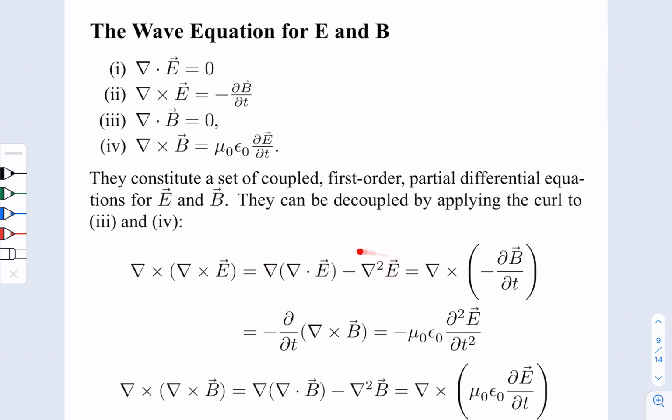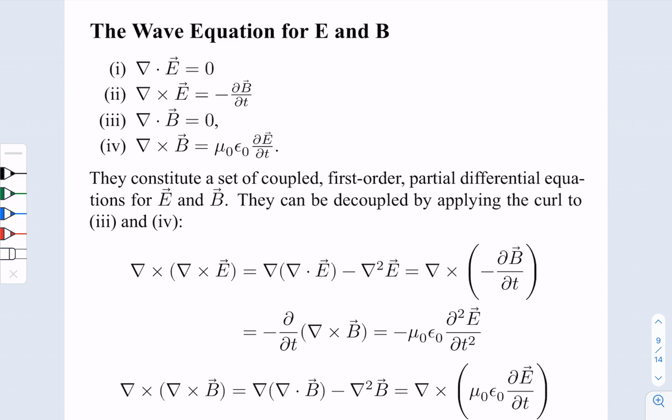The first term, del dot E, is exactly 0, so only the second term is left. Now del cross E we can replace by del cross partial B partial t, and let's put this partial t outside, and then we get del cross B. The del cross B can be written as partial E partial t again.